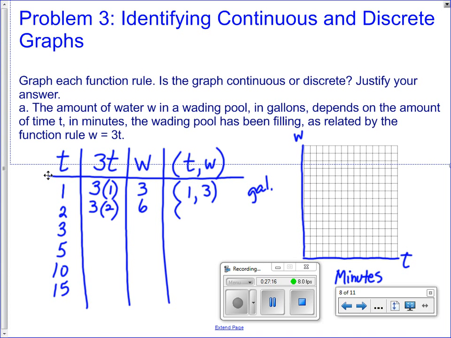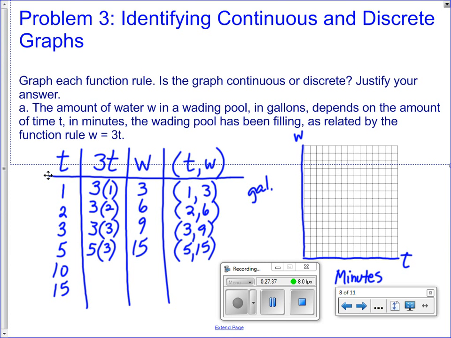So we have the ordered pair 2, 6. Next, 3 times 3 is 9. So we have the ordered pair 3, 9. Next, we have 5 times 3, 15. So the ordered pair 5, 15. Then we have the ordered pair 3 times 10, which is 30.